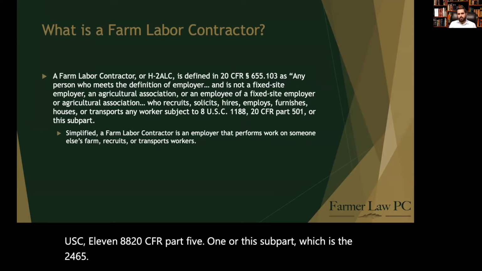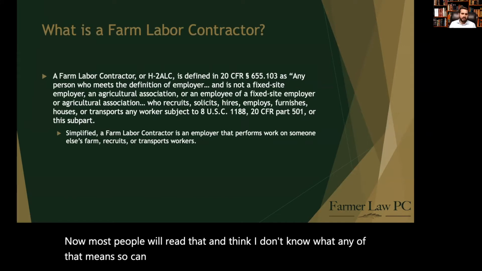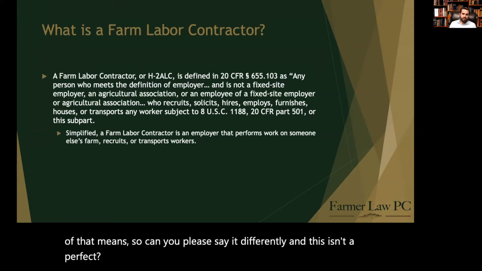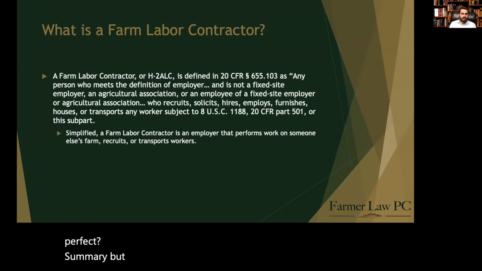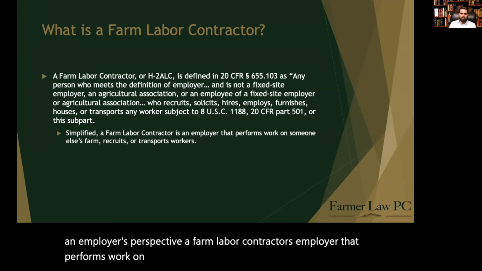Now, most people will read that and think, I don't know what any of that means, so can you please say it differently? This isn't a perfect summary, but it does tend to work. If you want to simplify it from an employer's perspective, a farm labor contractor is an employer that performs work on someone else's farm, recruits, solicits, or transports workers.